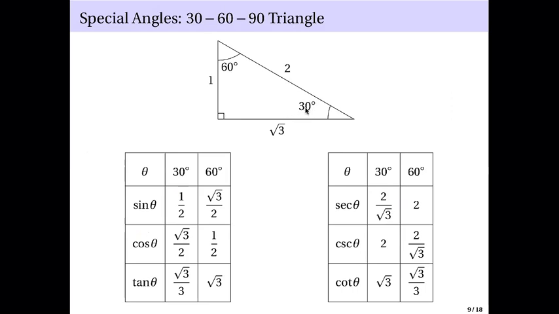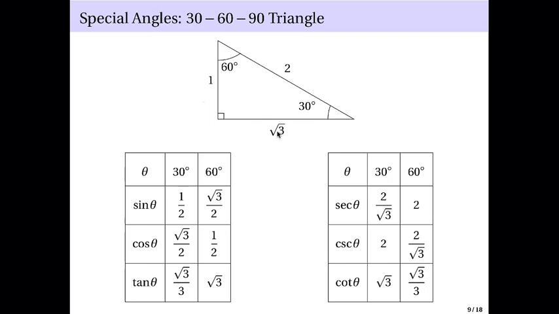Now, if we set the length of the leg opposite to 30 degrees to be 1, then the adjacent, the side adjacent to the 30-degree angle, will be square root of 3.